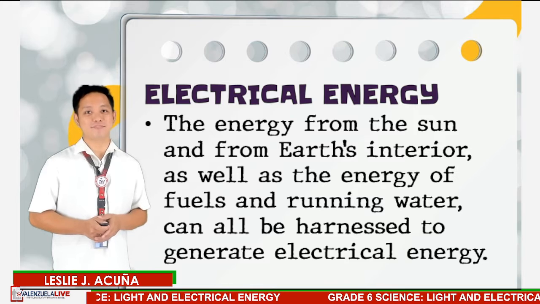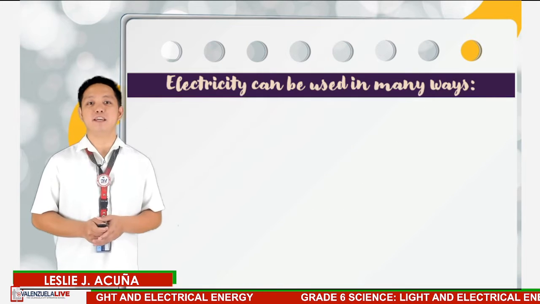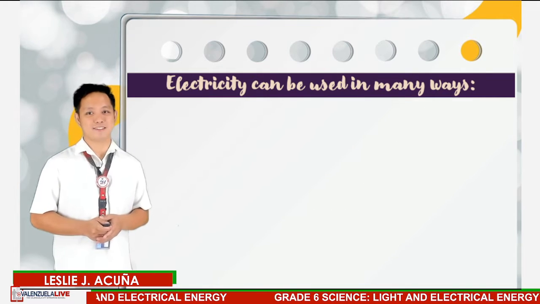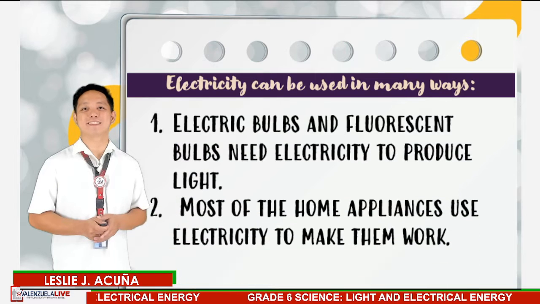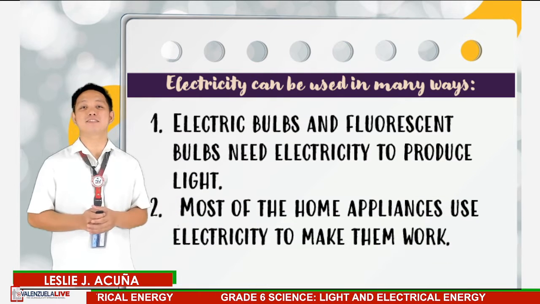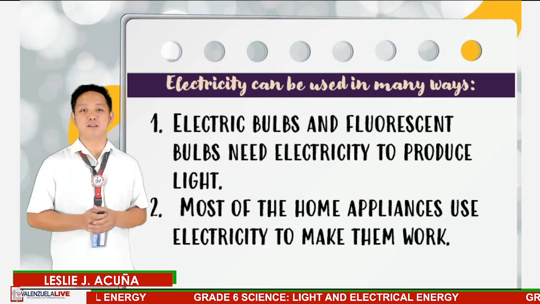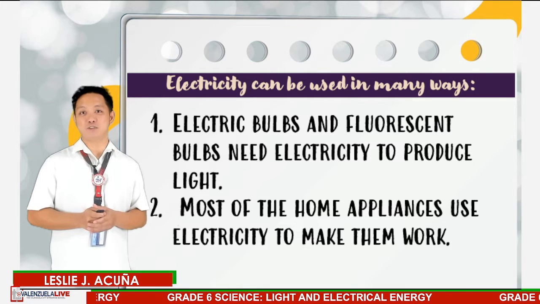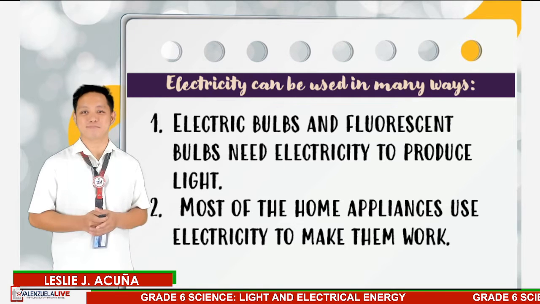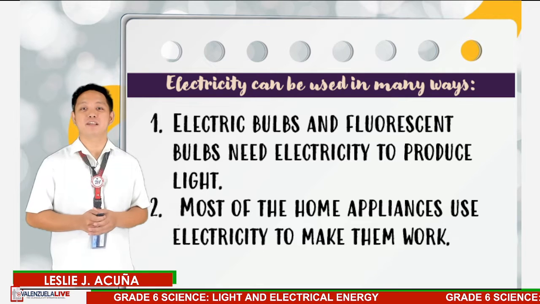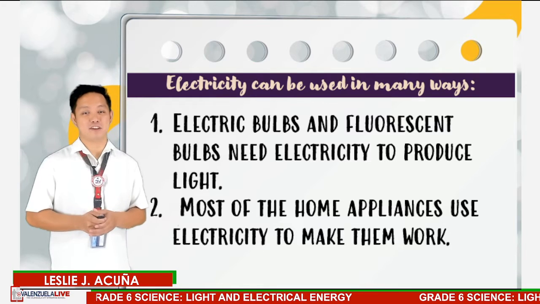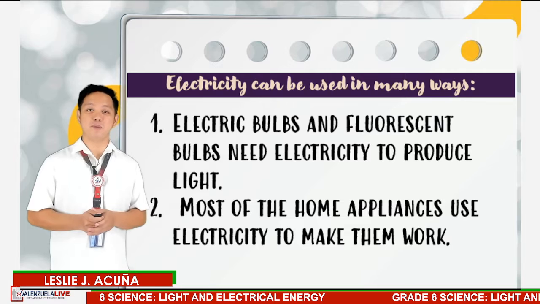Electricity can be used in many ways. Number one, electric bulbs and fluorescent bulbs need electricity to produce light. Number two, most of the home appliances use electricity to make them work.